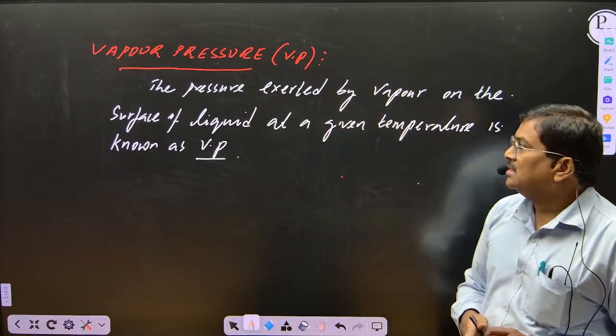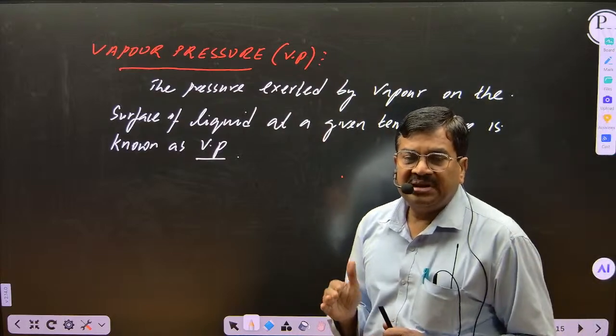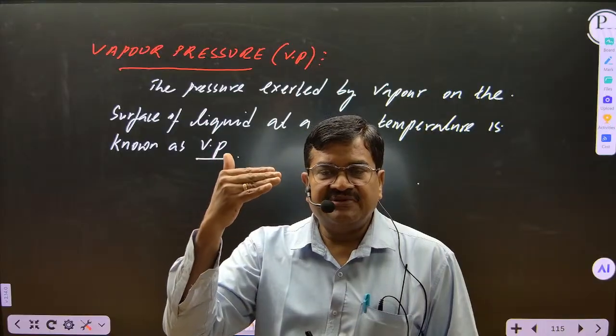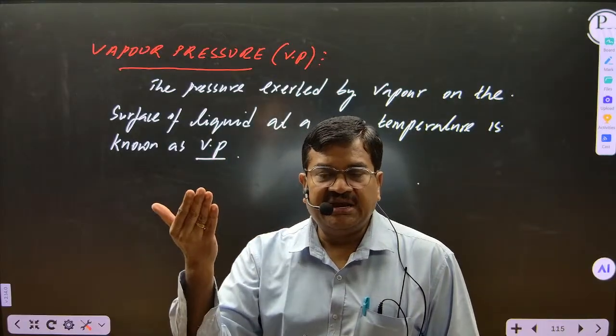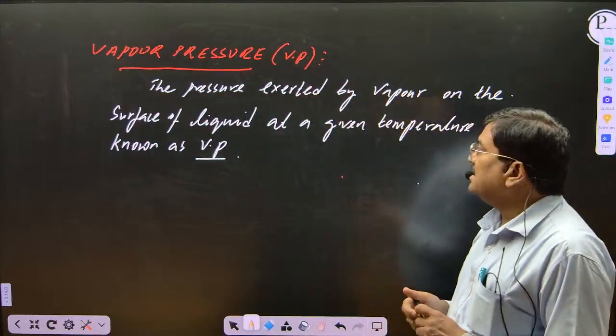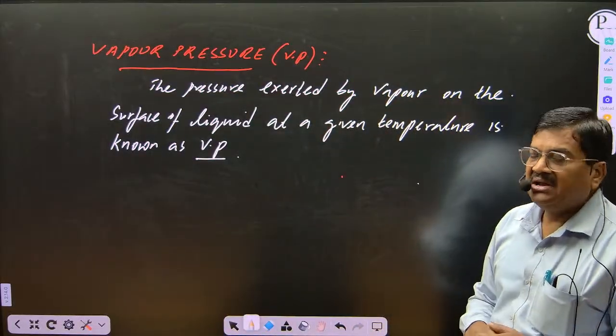Understood? Simple. So vapor pressure is nothing but the pressure exerted when the liquid is converting into vapor. Since the vapors have no chance to go outside, they exert pressure on the surface of the liquid at a given temperature. That pressure we call vapor pressure.